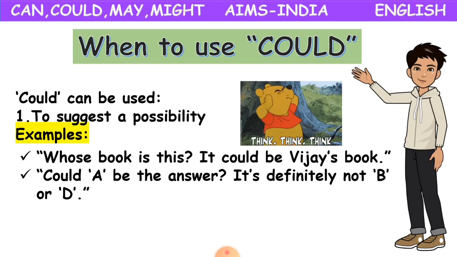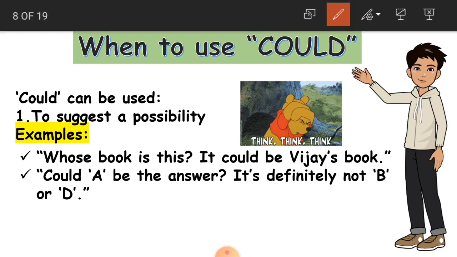Now, the other word is could. Could is the past tense of can. Can, could. Could can be used to suggest a possibility. A possibility is that it may happen or it may not happen. For example, whose book is this? It could be Vijay's book.